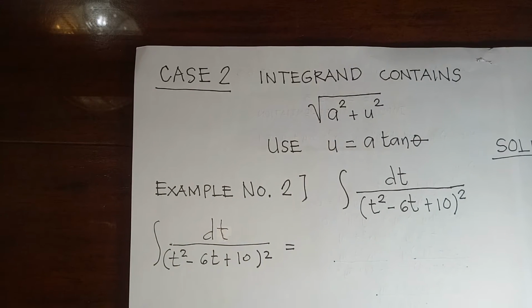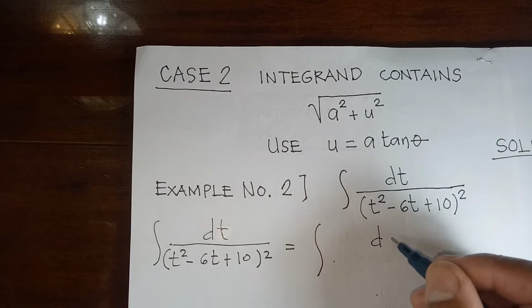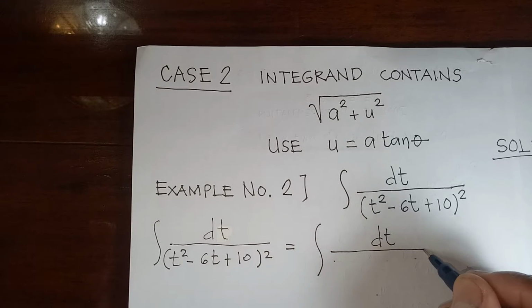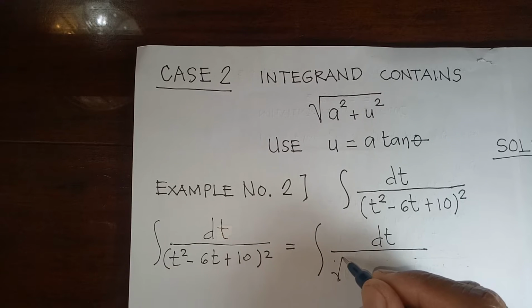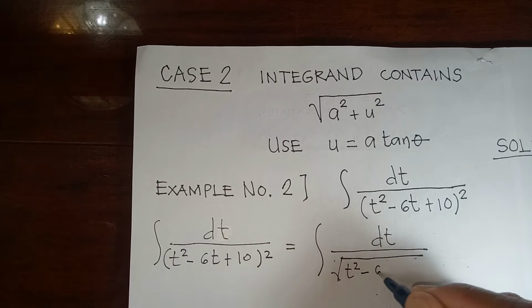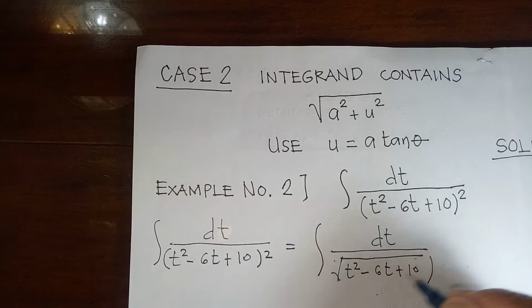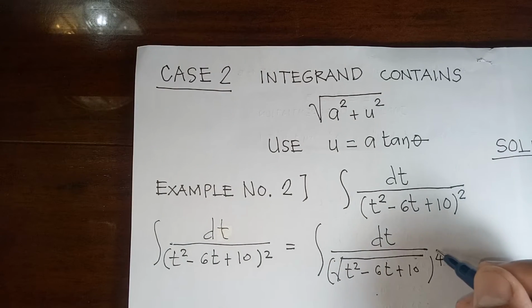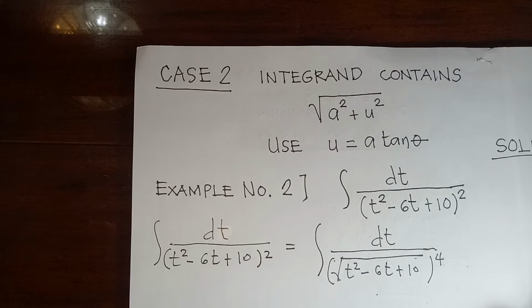So, this is also equal to the integral of dt divided by the square root of t squared minus 6t plus 10, raised to 4. Bakit? Ang ibig sabihin ng square root ay raised to 1/2. So 1/2 times 4 equals 2.